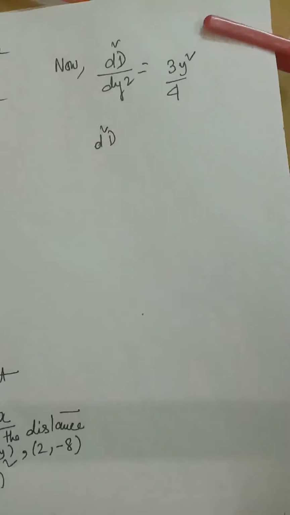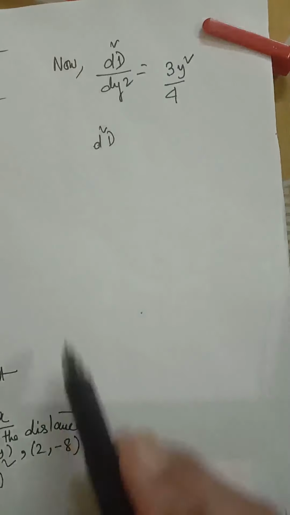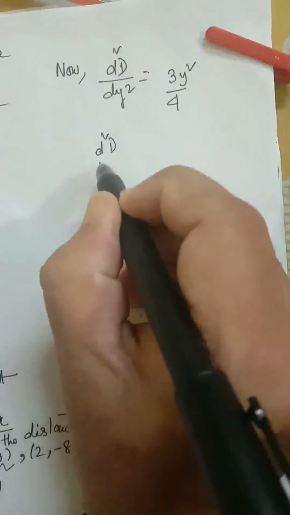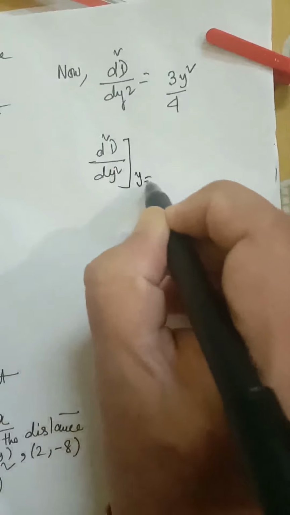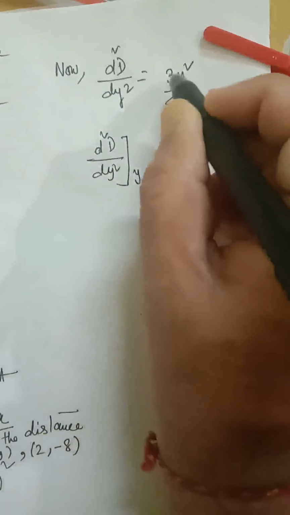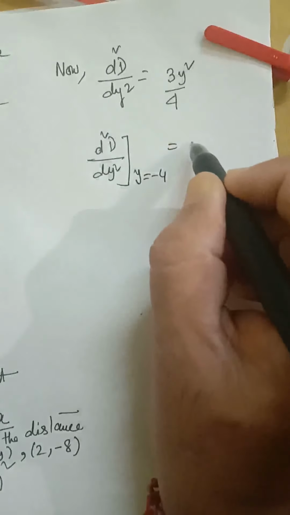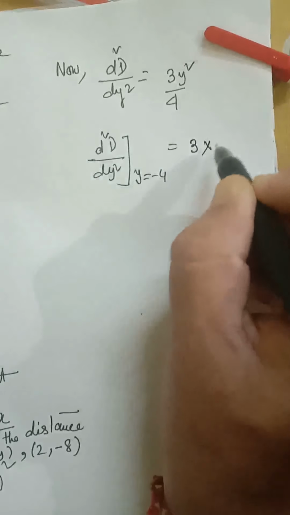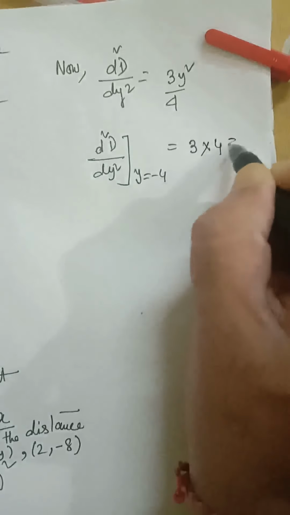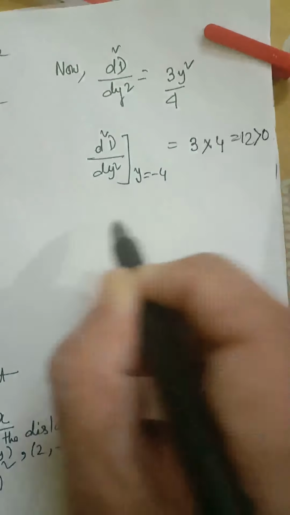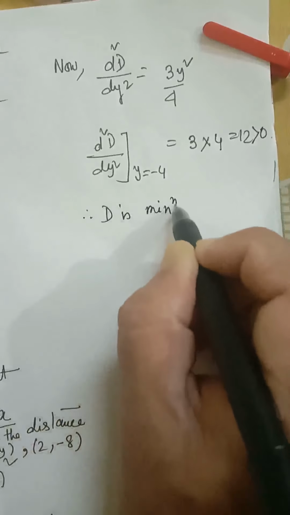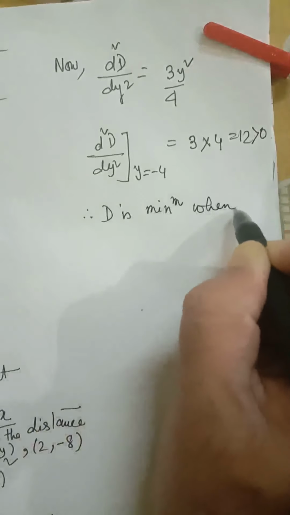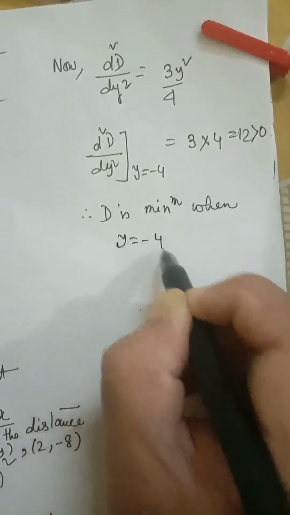So d2d dy square when y equal to minus 4, the stationary point, will be 3 into 16 by 4, so 3 into 4, it will be 12, which is positive. Therefore d is minimum when y equal to minus 4.